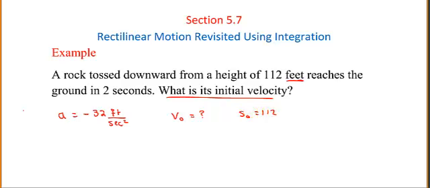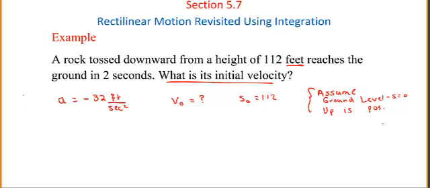And again, here we're assuming that ground level corresponds to s equals 0, and that up is positive. Okay, so we'll assume those things.